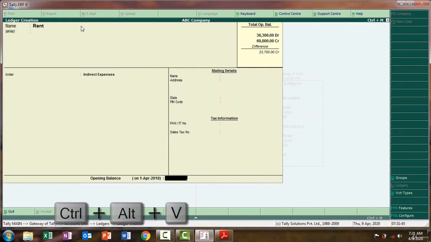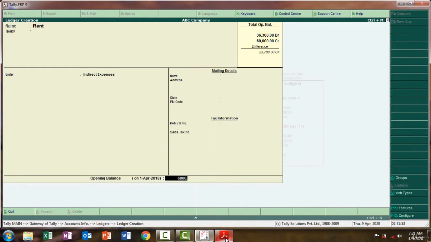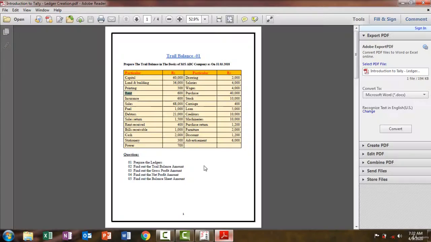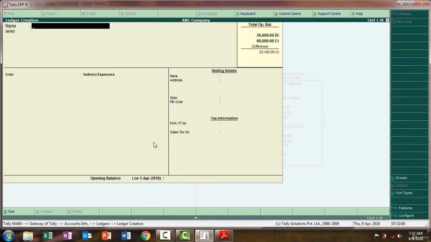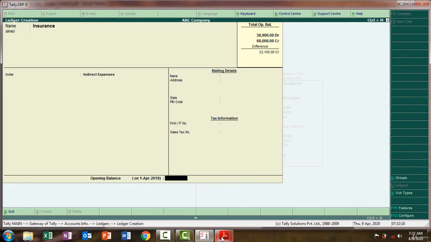The rent amount is an indirect expense. The amount is 600, debit. The next one is insurance, 600. We have to type insurance here, also under indirect expenses. How much? 600.